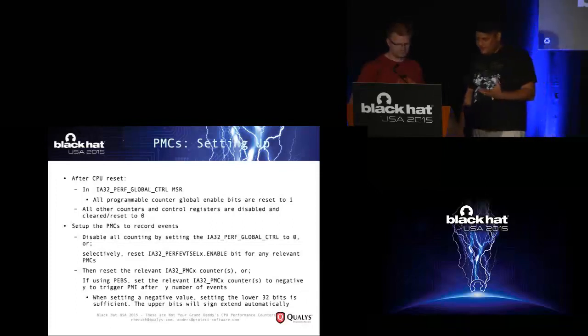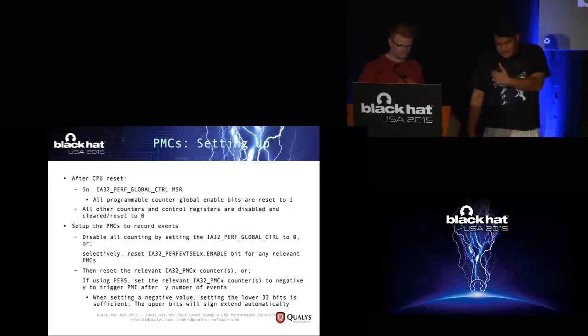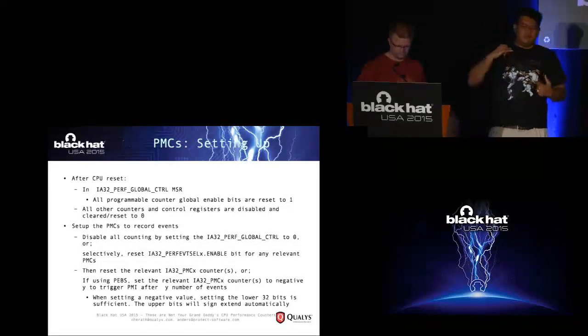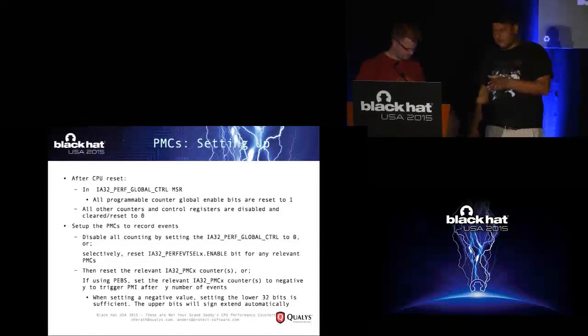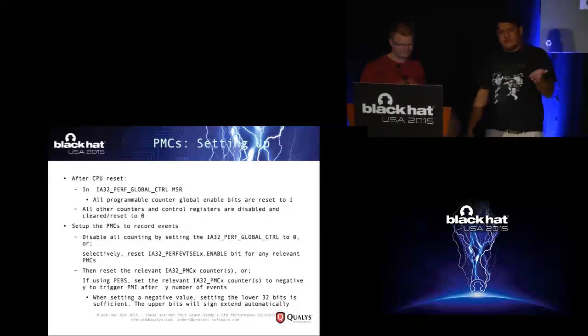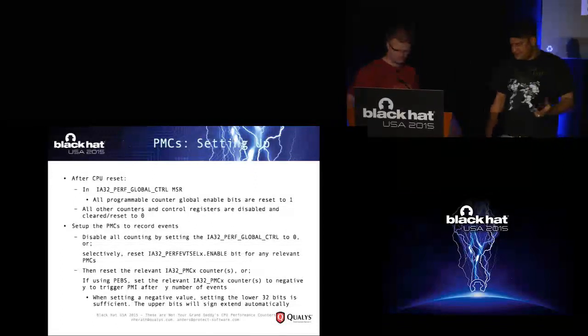To do PEBS, for each PMC register, the performance counter that we want to use, we set the number of events as a negative value after which we need the interrupt to occur. So the interrupt occurs at overflow. If you set a negative value, after that many events, when the register rolls over to 0, you'll get an interrupt.